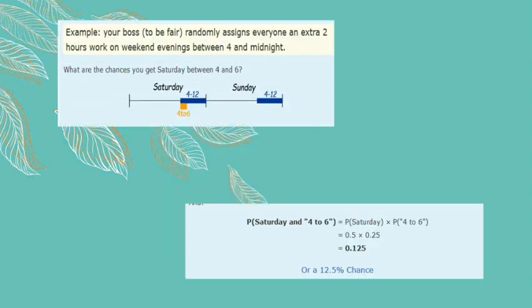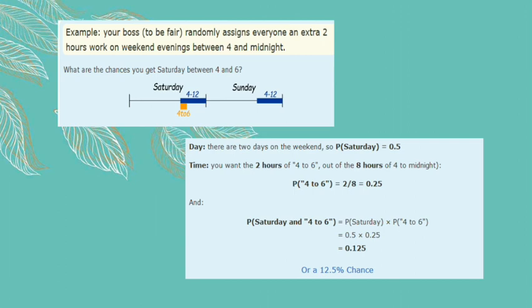Example: your boss randomly assigns everyone an extra 2 hours of work on a weekend evening between 4 and midnight. What are the chances you get Saturday between 4 and 6? You can see this picture.